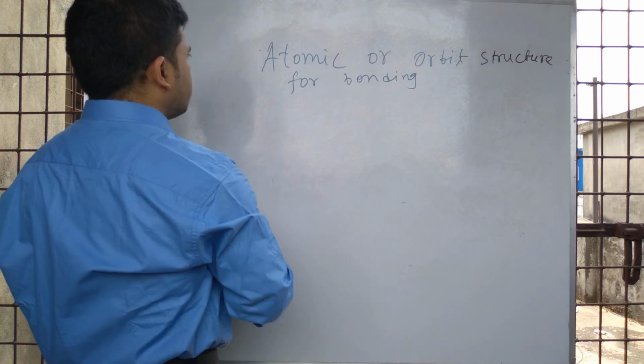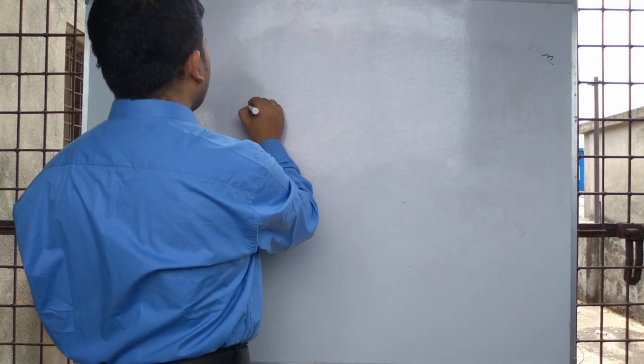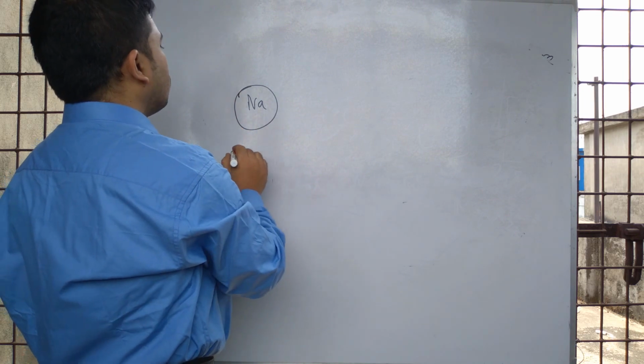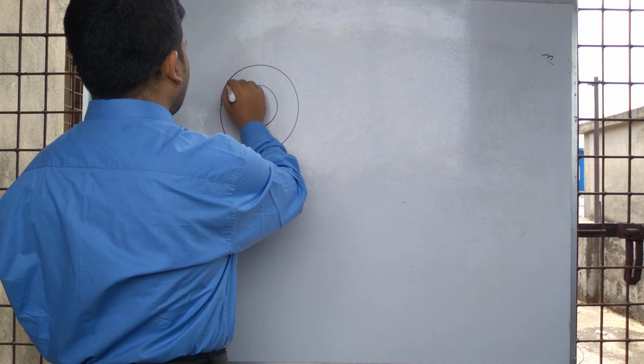For atomic structure or orbit structure, suppose for sodium we make one circle, it is K shell, then L shell.